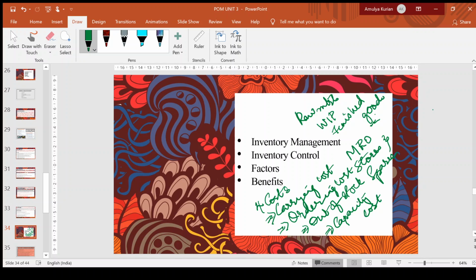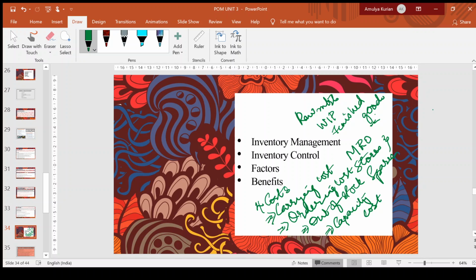Processing of the payments, there is an expense incurred. While receiving and inspecting the material, there is some cost associated with it. And ordering for the plant is nothing but setting up the machine; any scrap produced during the production time will come under ordering cost.